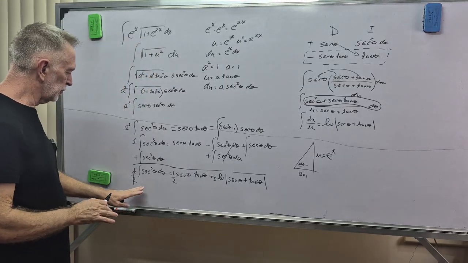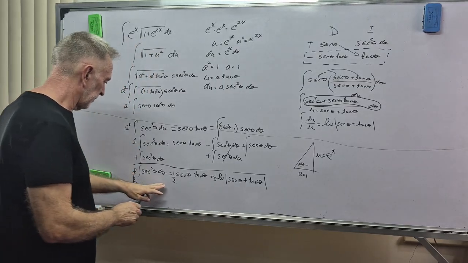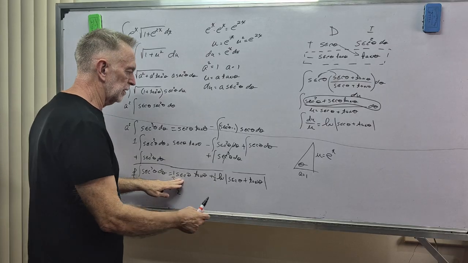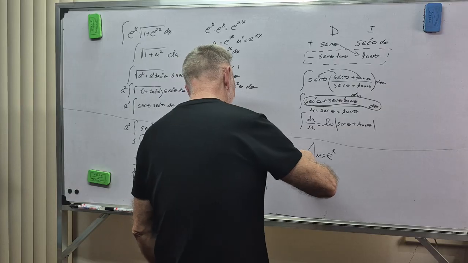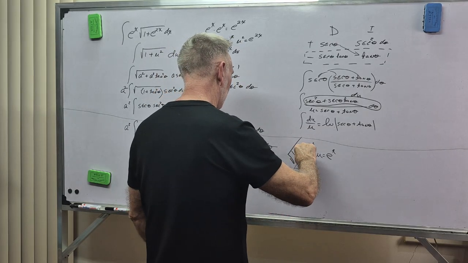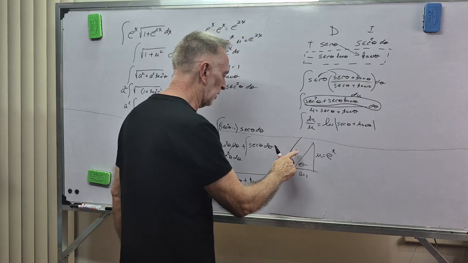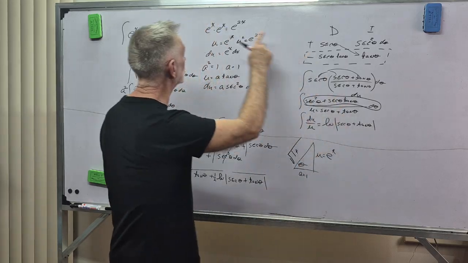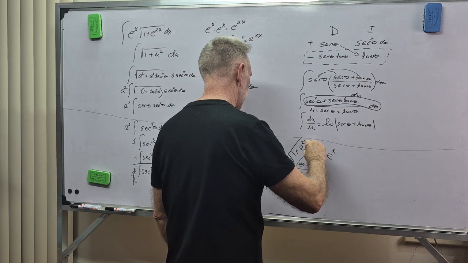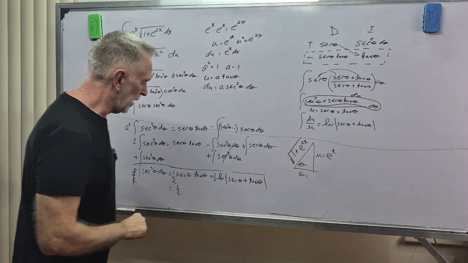But for the moment, I'm just going to put it in the u world. This is 1/2 secant. Oh, I didn't finish that, did I? All right, so what do I have? 1 squared plus e to the x squared, which is e to the 2x. And the square root of that.